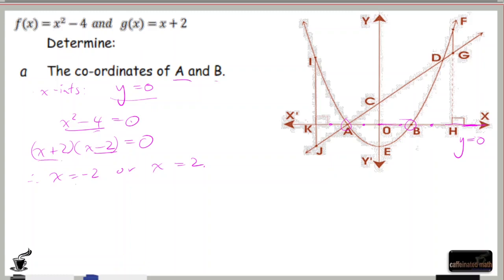They want coordinates. So let's give them coordinates. The coordinate of A is the negative x value, which is minus 2, and the y coordinate is 0. So that's minus 2 and 0, and that makes B obviously 2 and 0. And that is properly answering the question.